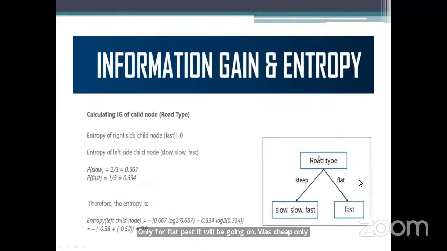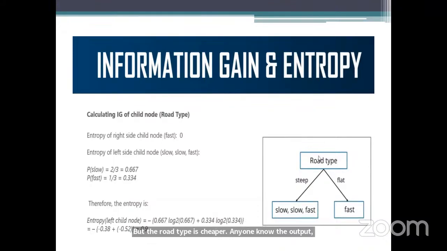So there is no uncertainty in flat, because as soon as we see that the road type is flat, the output is fast. But when the road type is steep, the output can be either slow or fast.